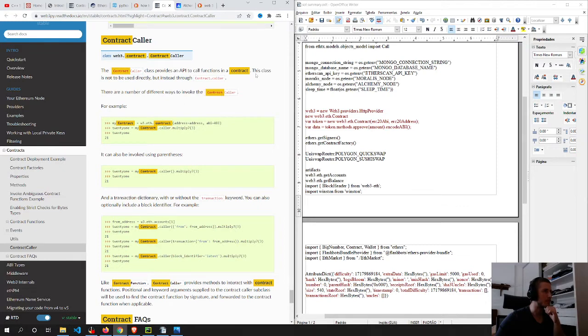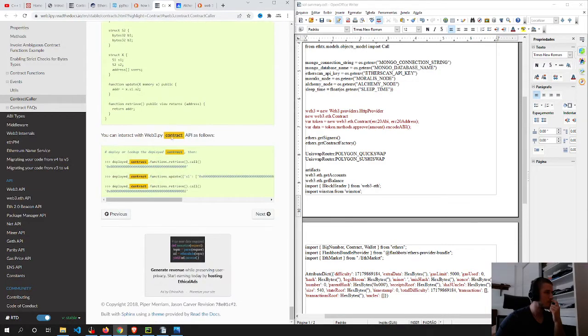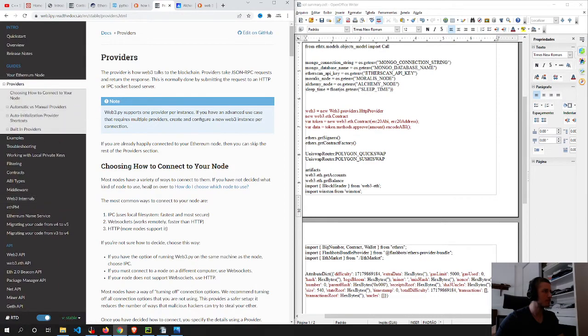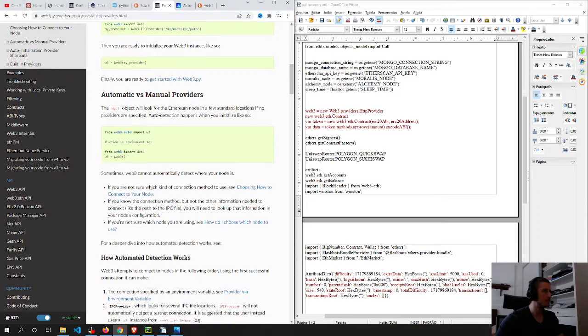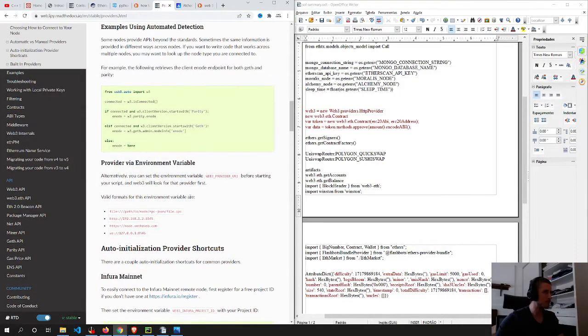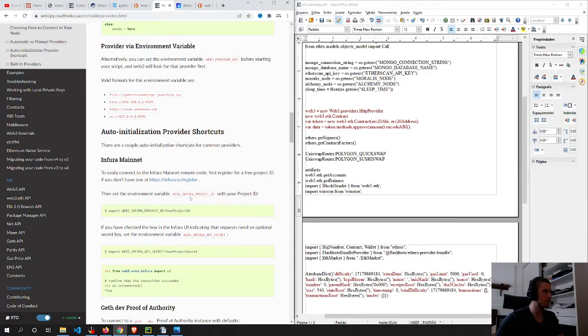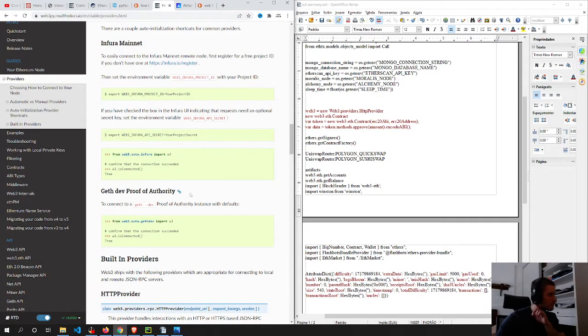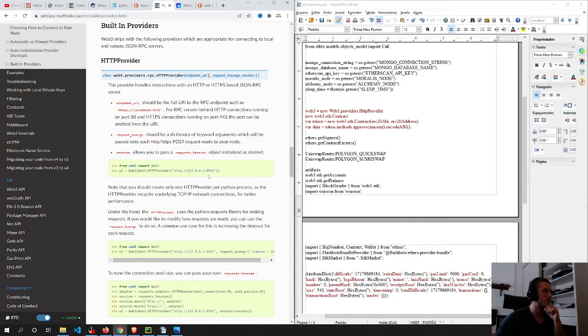Oh, so this calls the functions in the contract. I think the get signers gets the accounts that deployed the contract. Maybe.